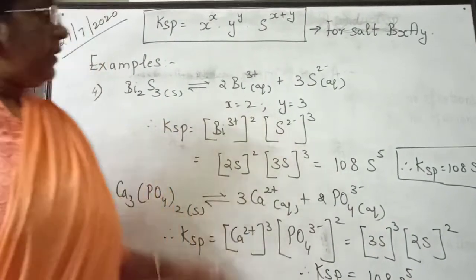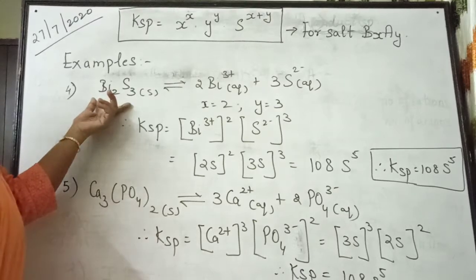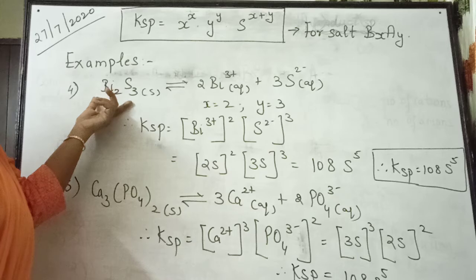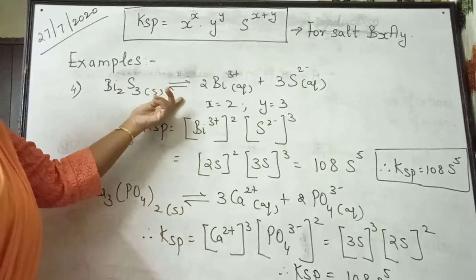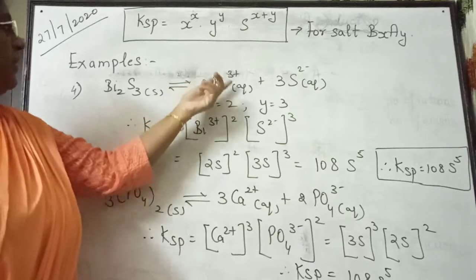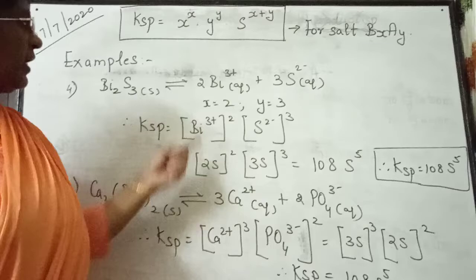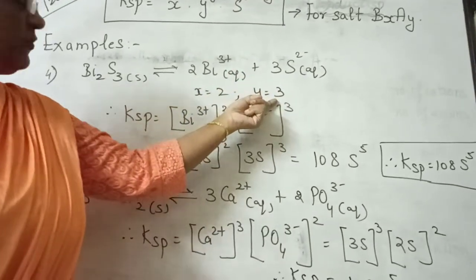Now let us study a few more examples of solubility product. If Bi2S3 is dissolved in water to prepare its saturated solution, it dissociates to give 2 Bi3+ (aq) plus 3 S2- (aq). Here the value of x is 2 and the value of y is 3.